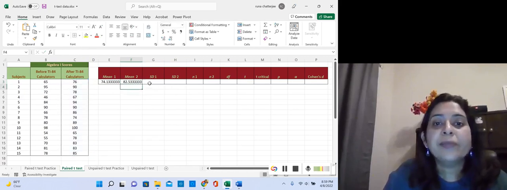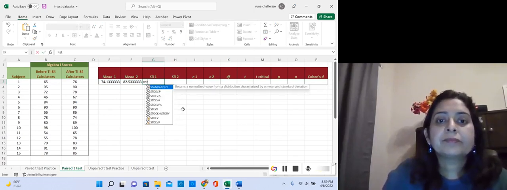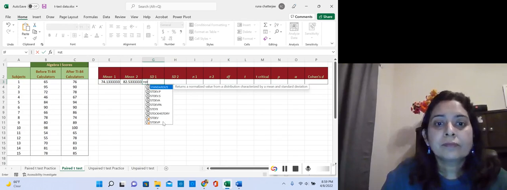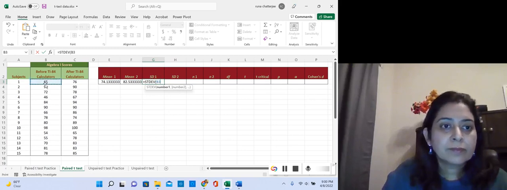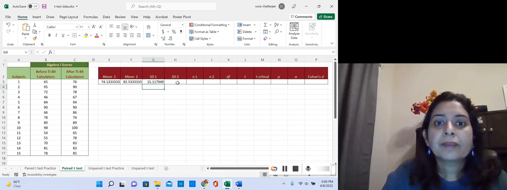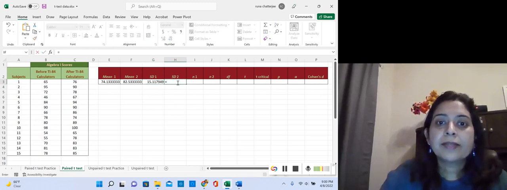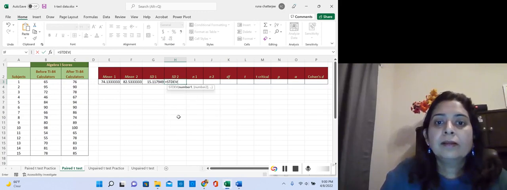So we have these two means here. Standard deviation of the first group. Standard deviation of the second group.